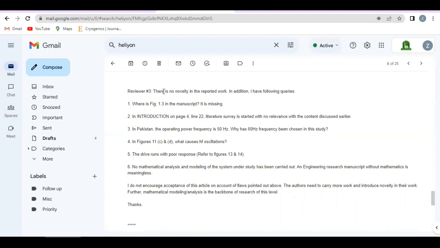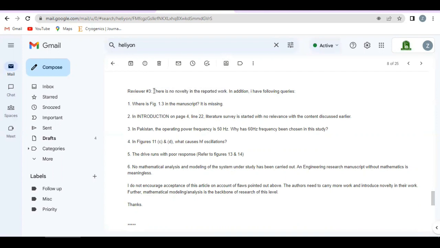So by looking at such a comment from the reviewer, the first thing which will come to your mind is that probably my paper has been rejected because one reviewer is not satisfied with the novelty in this work. So this is not the way we should consider it.